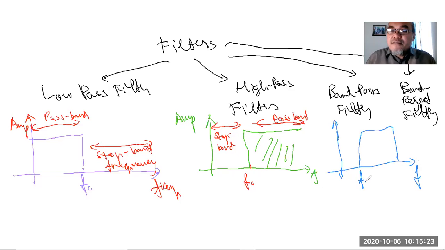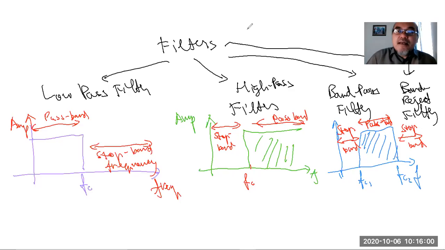We have frequency cutoff 1 and frequency cutoff 2. The passband frequency will be this middle part, where the signal is passed by the filter. The stopband frequencies are in two regions. The first one is below the frequency cutoff 1, and the second one is above the frequency cutoff 2. This is the stopband.